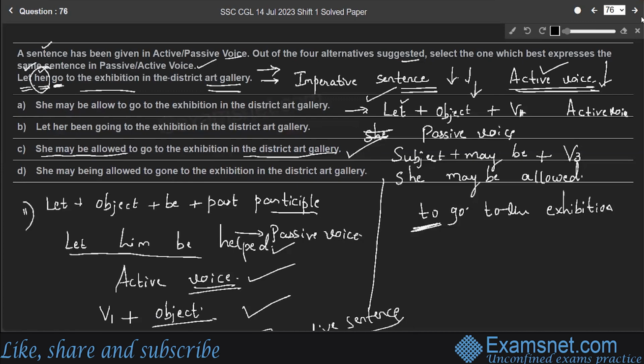How to decide? If the sentence is in the format let plus object plus V1, it is active voice. If the given sentence is let plus object plus be plus past participle, it is called the passive voice form. Accordingly, you have to convert the voices, right? So look at the options. Option C is the right answer.